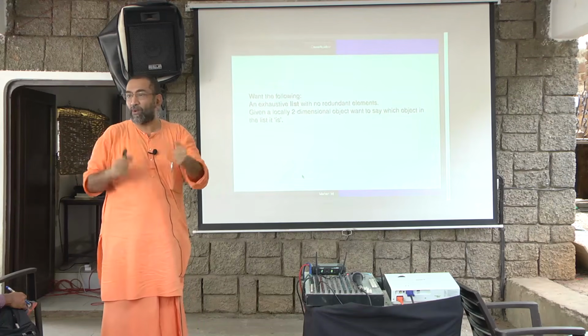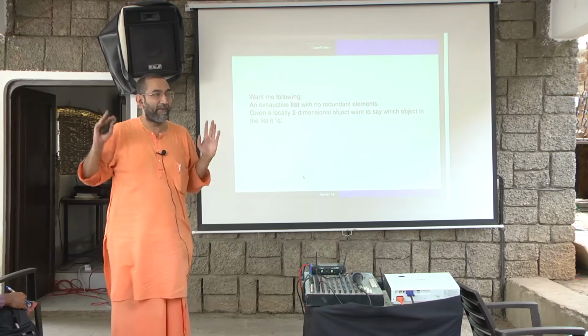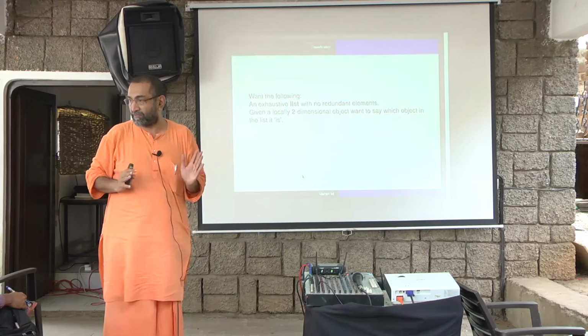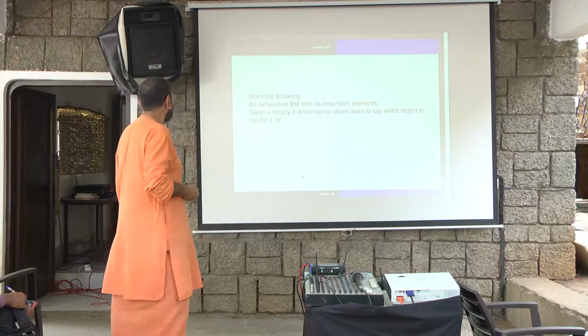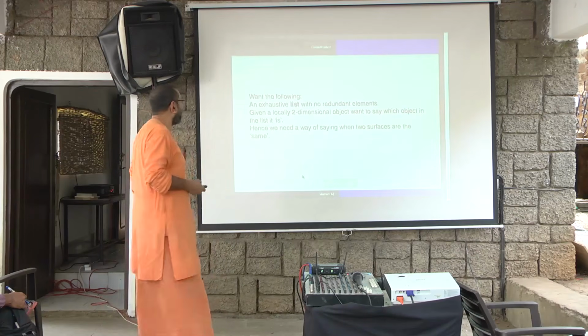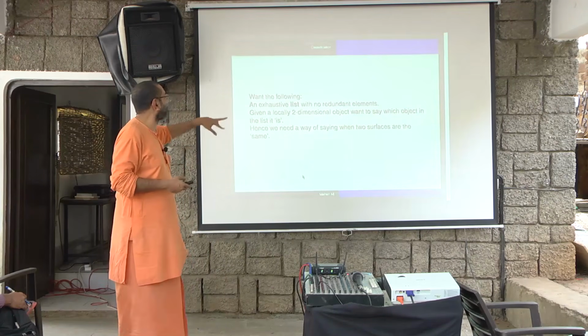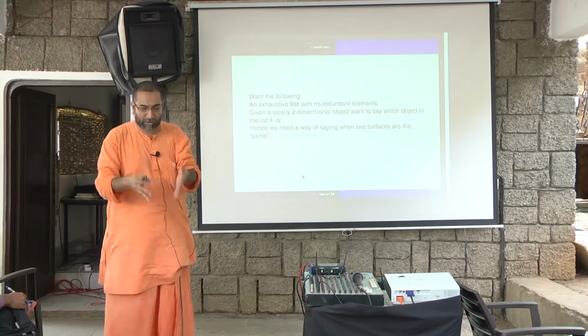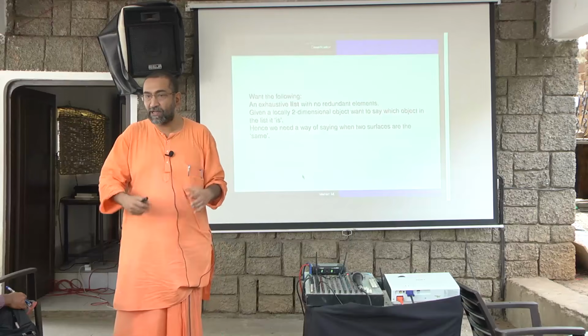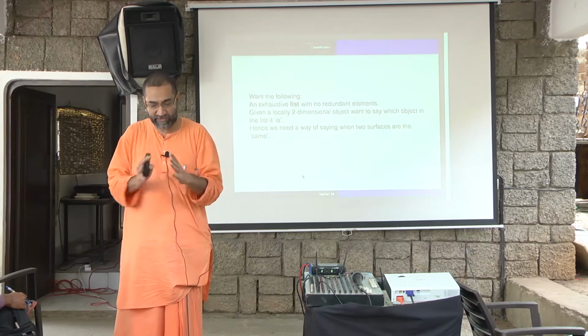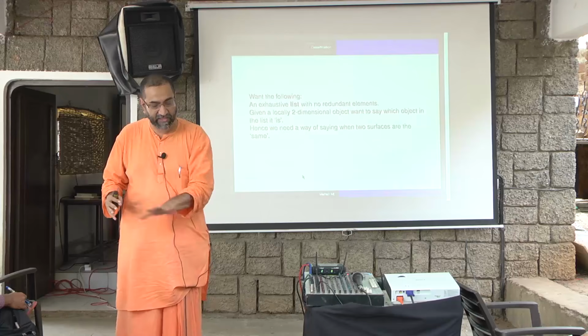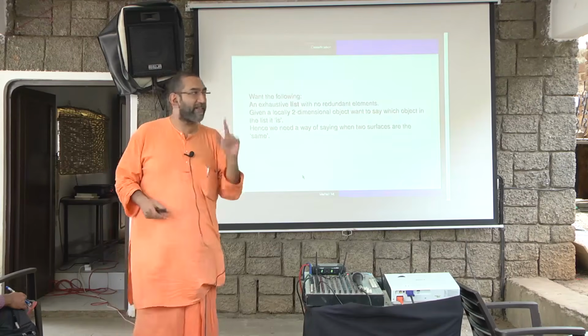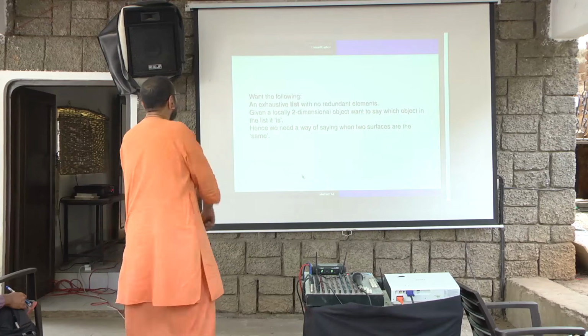So one object should not be legitimately allowed to go into two folders, because then there's going to be confusion. So we need a way of saying when two surfaces are the same. Basically, input two surfaces, crank an algorithm, crank a way of saying that they are either the same or they are different. So we need this kind of a classification scheme.